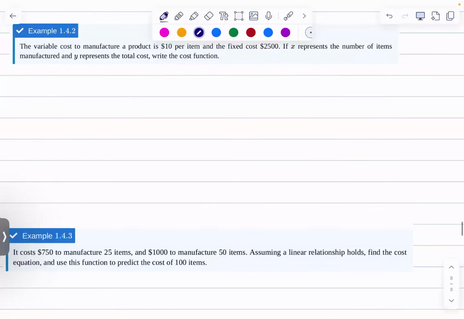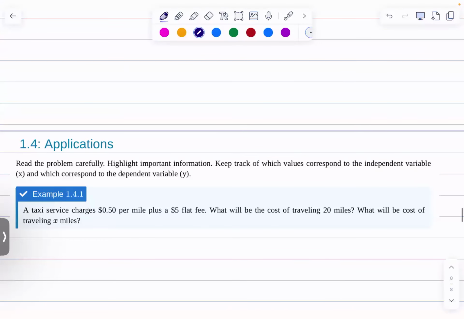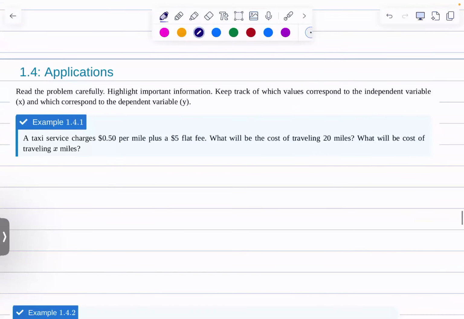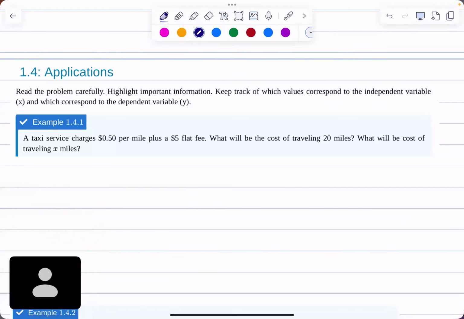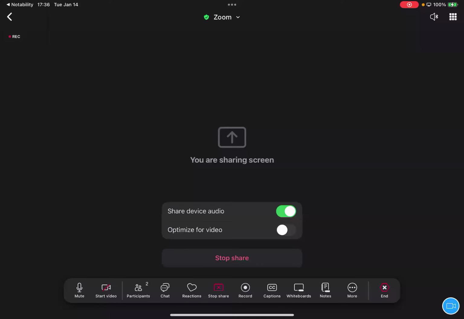Now we're taking what we know about lines and applying them to word problems, everyone's favorite thing. I want you to try the rest of the questions on your own, and then we'll go through them together in class on Thursday. But you're welcome to bring it home and work on it at home. That's fine. If you have any questions, let me know. Otherwise, I'll see you on Thursday.